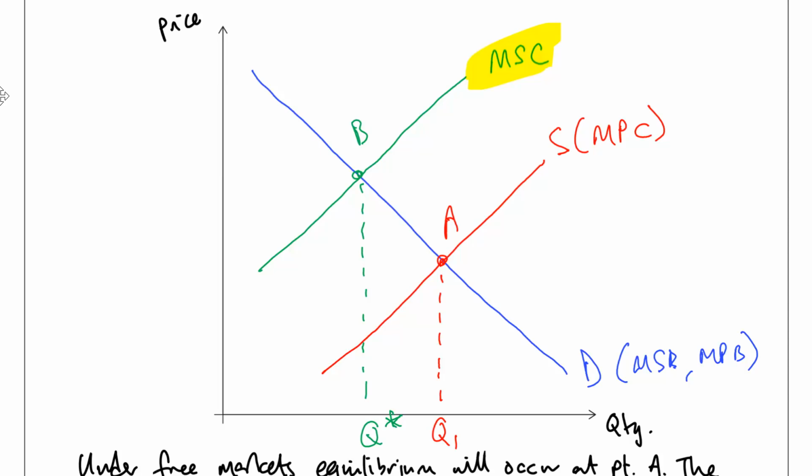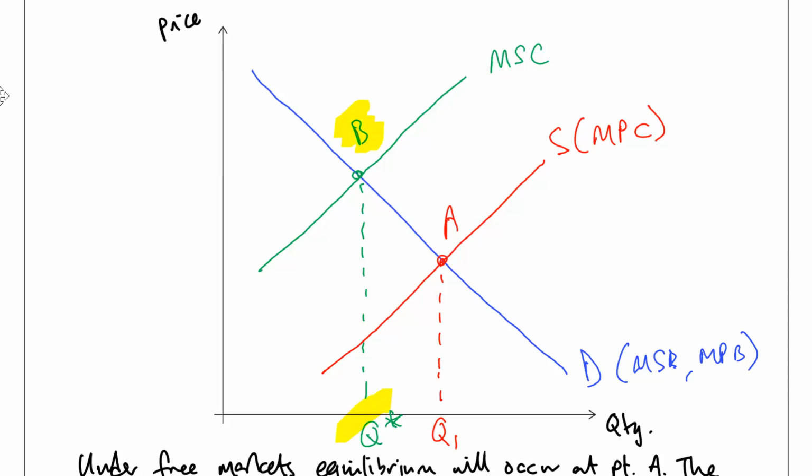And were you to leave things to the free market, the free market will consume at point A, and we're going to end up with Q1 amount of this good being produced or traded, whereas ideally where we should be is at point B, and the market would be producing Q star.